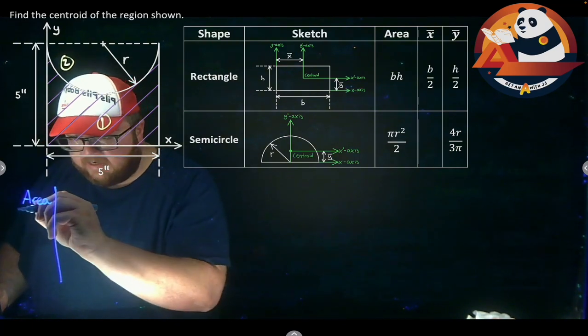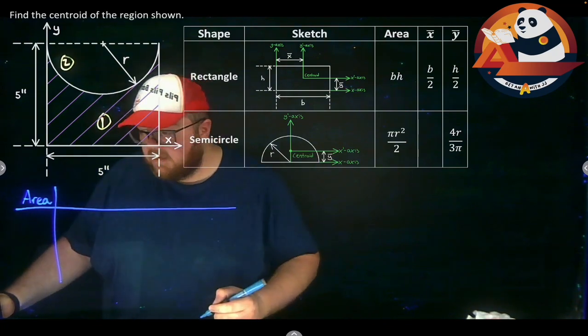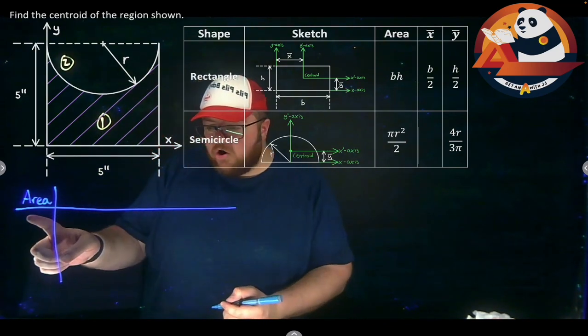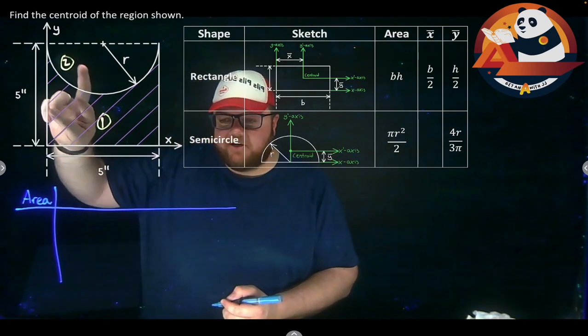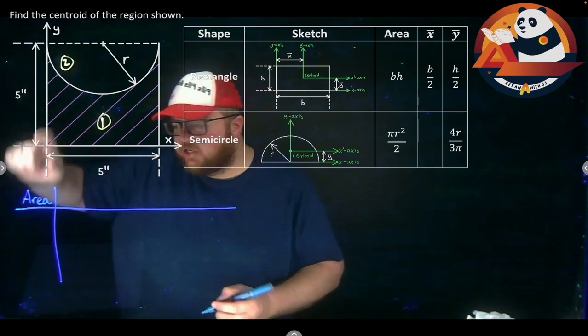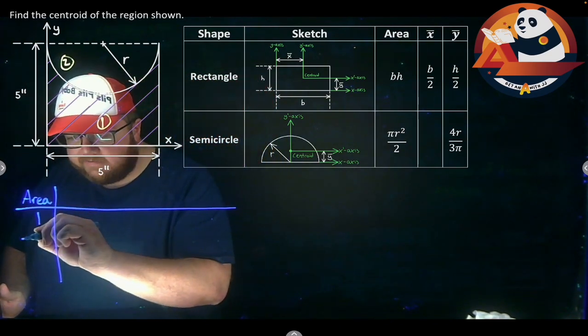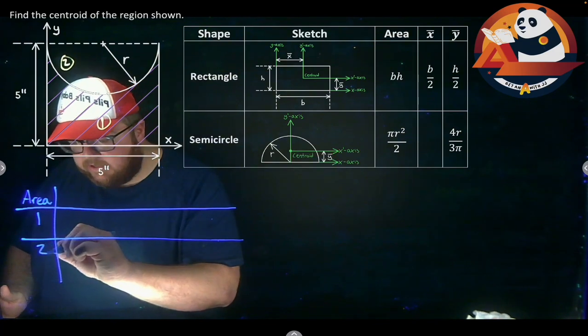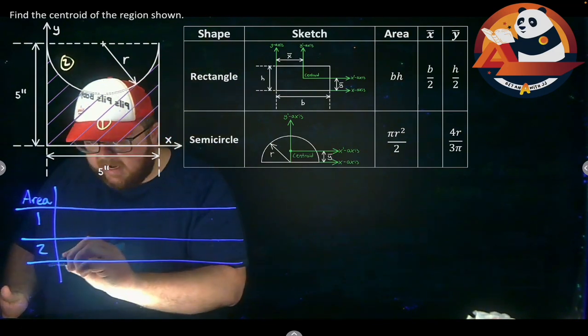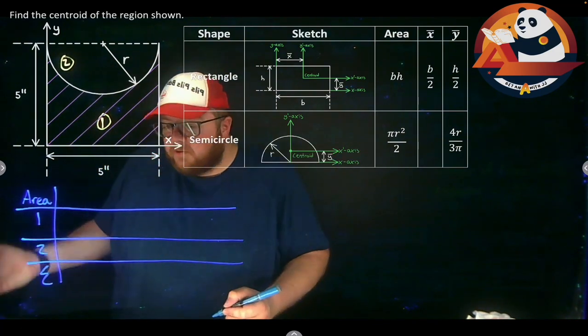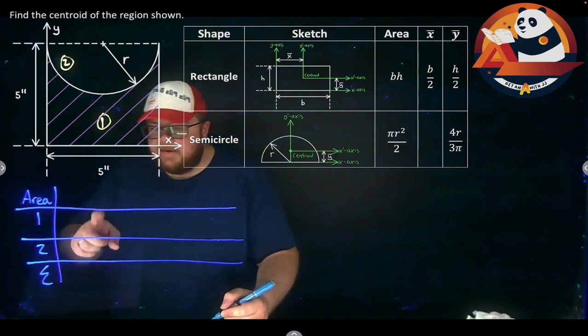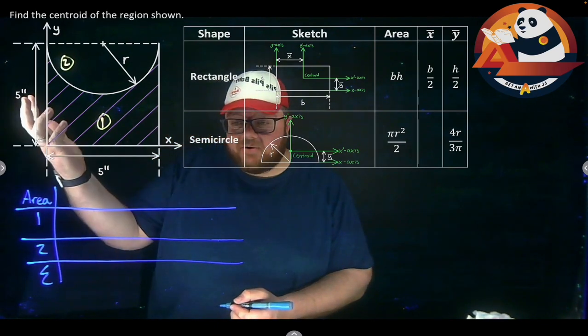I need one row for each of my pieces. I have two pieces, 1 and 2, and we need to sum a few things up, so I'll put a summation row.